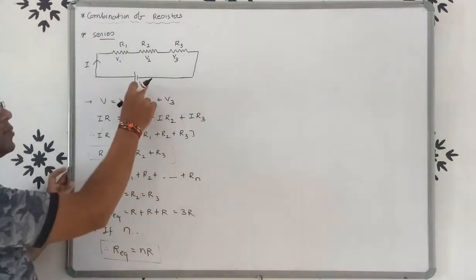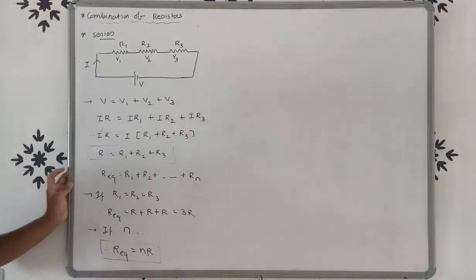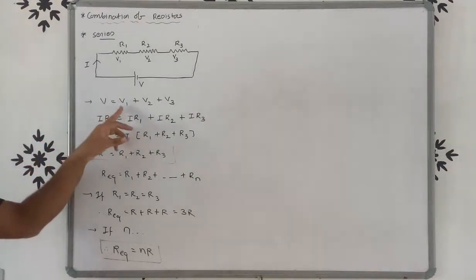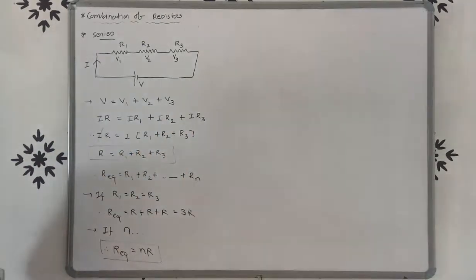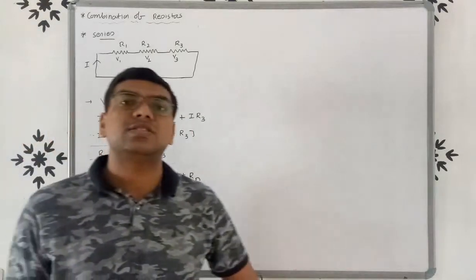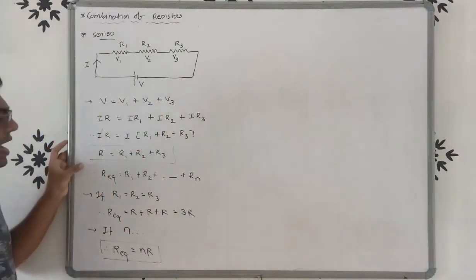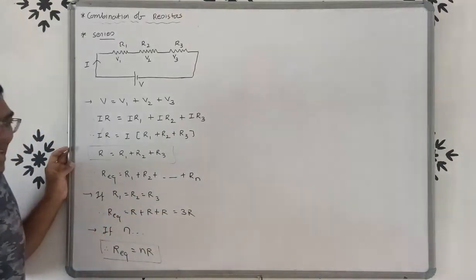So the total potential V is V1 plus V2 plus V3. From Ohm's law, V1 is I R1, V2 is I R2, V3 is I R3. Here I cancels, so we get the equivalent resistance of series resistors: R equivalent equals R1 plus R2 up to Rn.